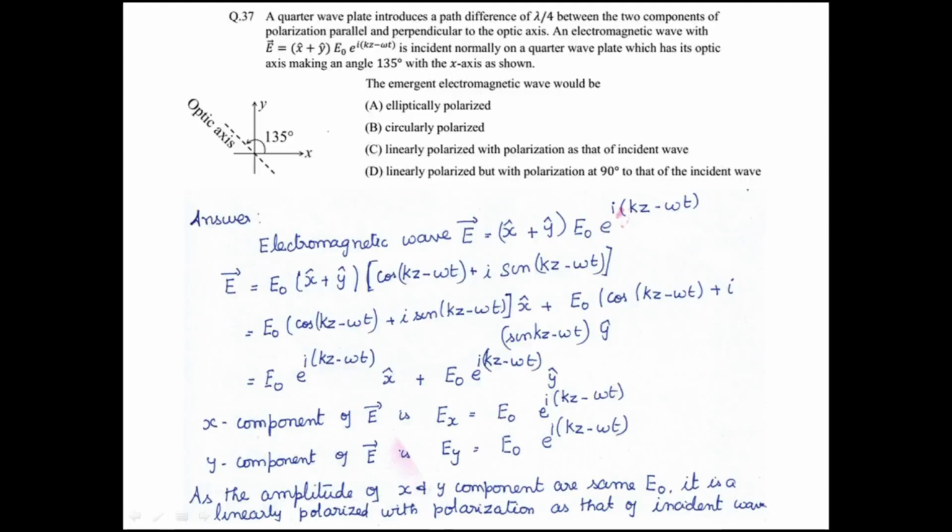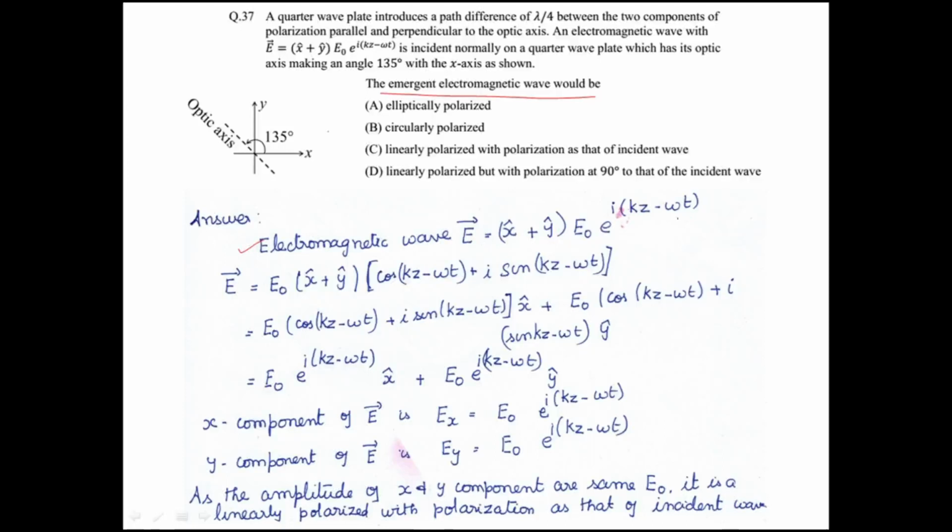So in this question we have to find the condition of the emergent electromagnetic wave from the quarter wave plate. First we will write the given electromagnetic wave, that is E vector is equal to (x cap plus y cap) E naught e power i(kz minus omega t).